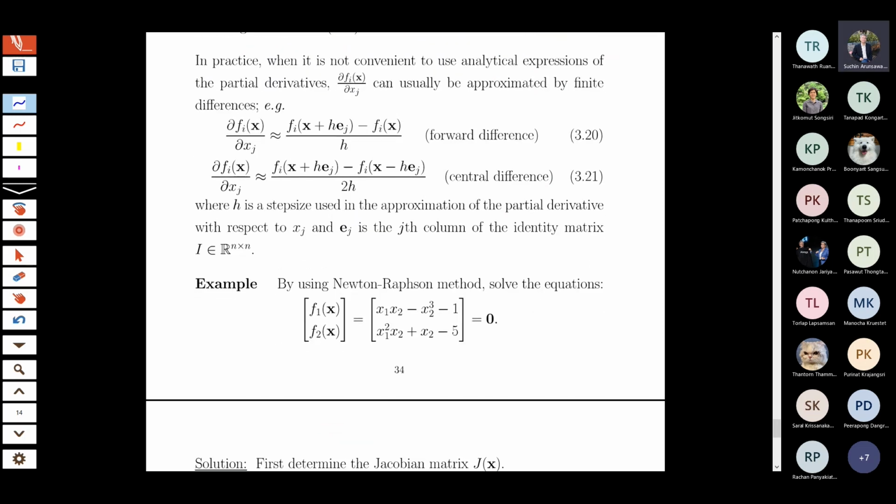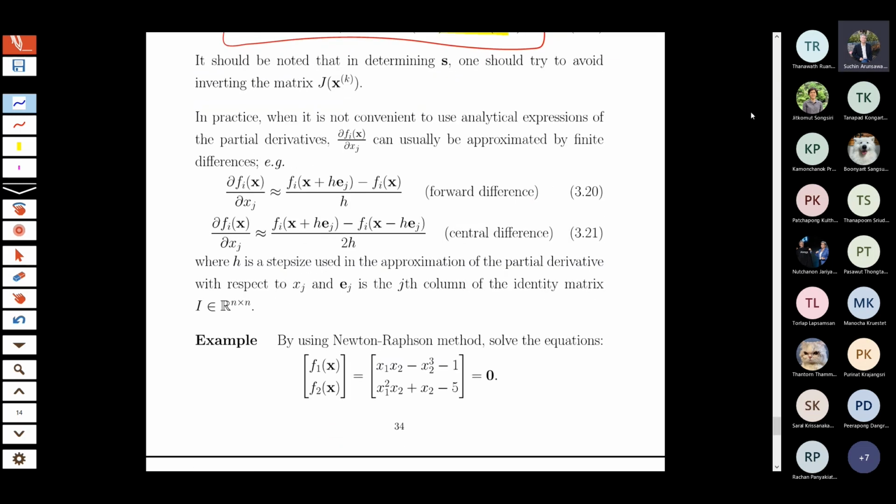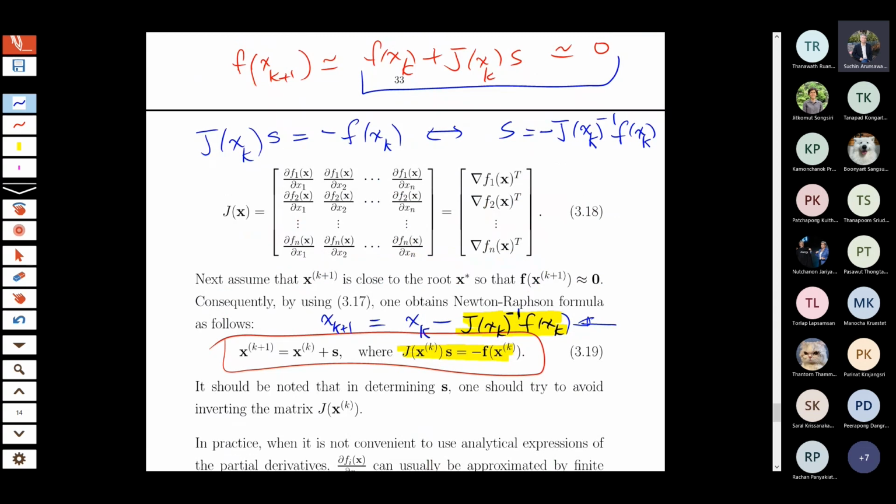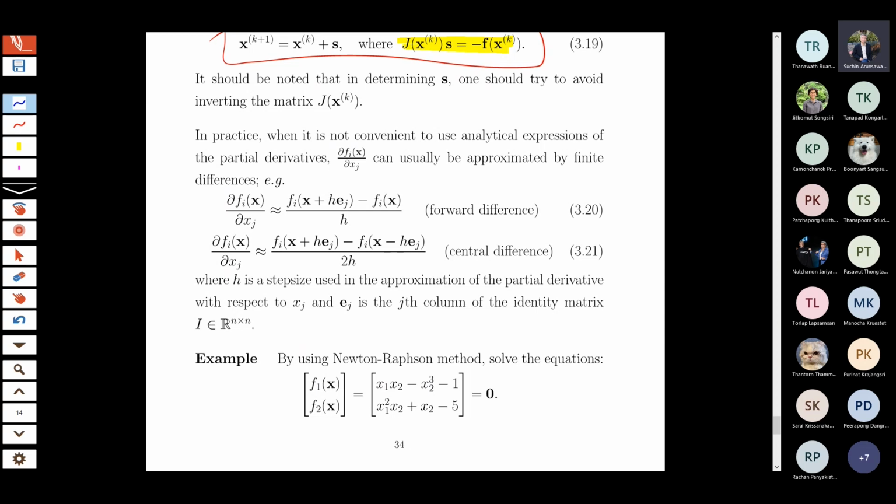In practice, Newton-Raphson requires the derivative, which is embedded in the Jacobian matrix. Now, as I said before, in practice we do not have an analytical expression of the function f, and therefore it is not convenient to use analytical expressions of the partial derivatives of the vector f.